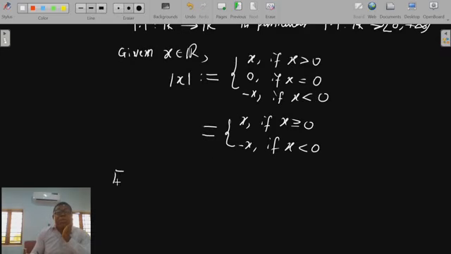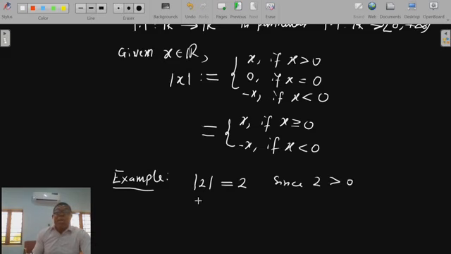And for example, assuming that we want to compute, say, absolute value of 2. Given the number 2 in R, absolute value of 2 is nothing but 2. The reason is because 2 is bigger than 0. Absolute value of 0 is, of course, 0 by definition.